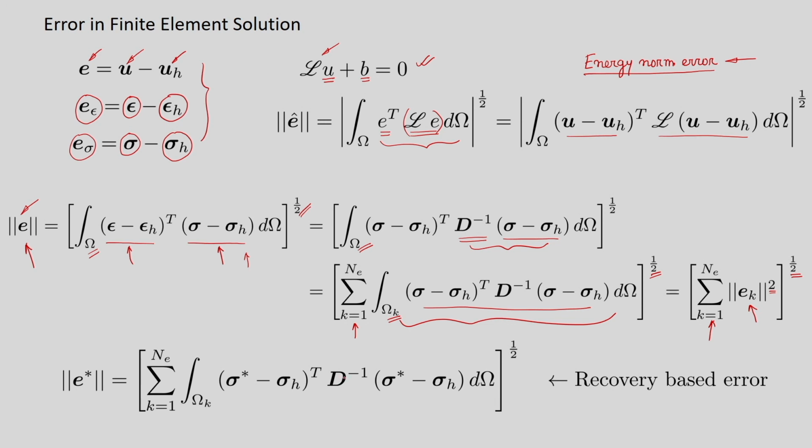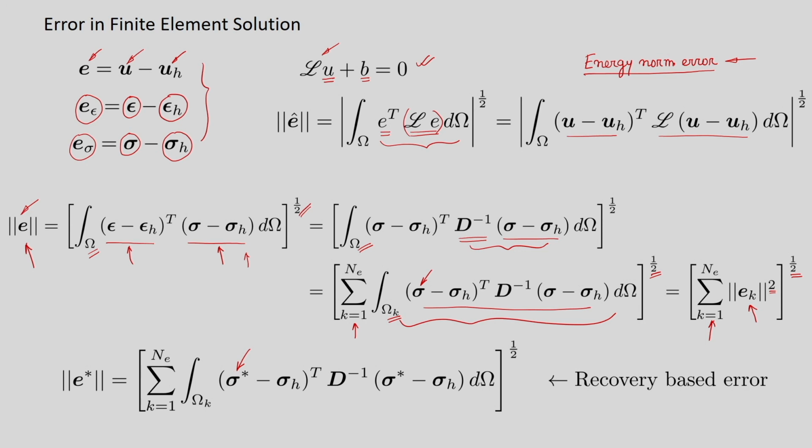Now, everything is fine, but the only worry is that in most real life problems we do not have the exact solution. So, we do not know what the exact stress or exact strain is. So, in that case the proposal is, instead of the exact stress, we can actually use the recovered stress. So, as I discussed in the previous slide, sigma star represents the recovered stress.